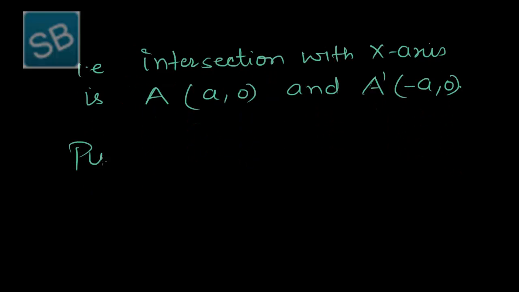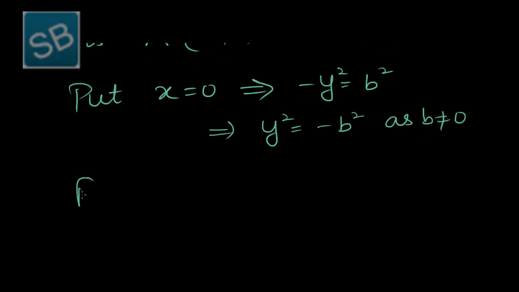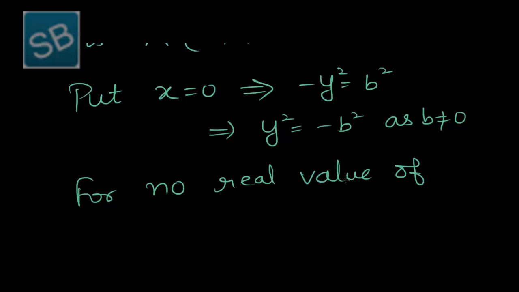Now put x is equal to 0, that is minus y square is equal to b square. That is y square is equal to minus b square. As b is not equal to 0, then for no real value of y is y square equal to minus b square.